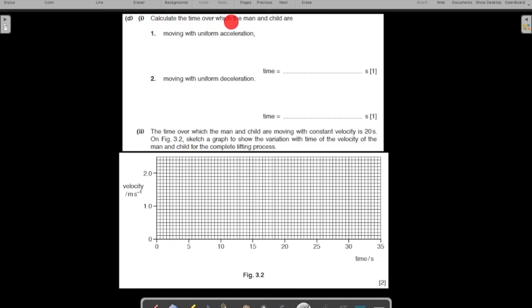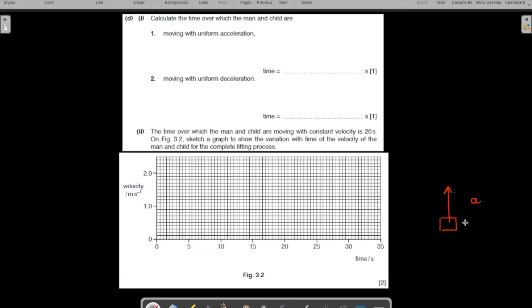Calculate the time over which the man and the child are moving with uniform acceleration. So how was the motion happening? If this is your man and your child, this box, let's assume it as a box. Initially when it moved up, there was an acceleration, right?